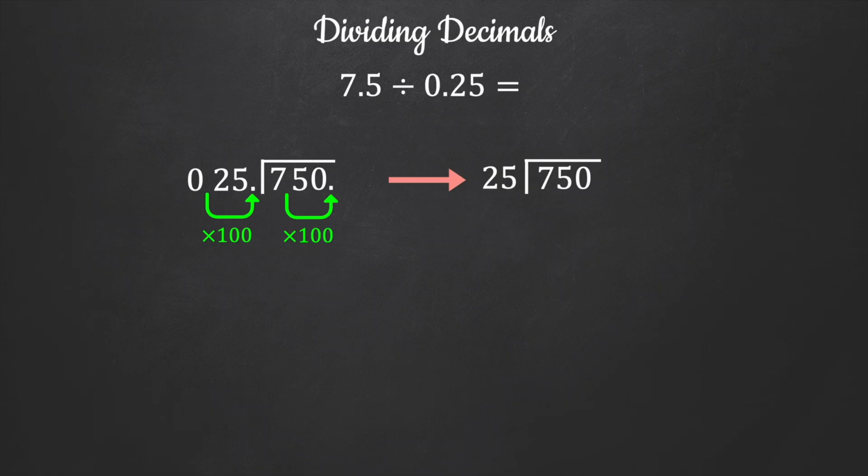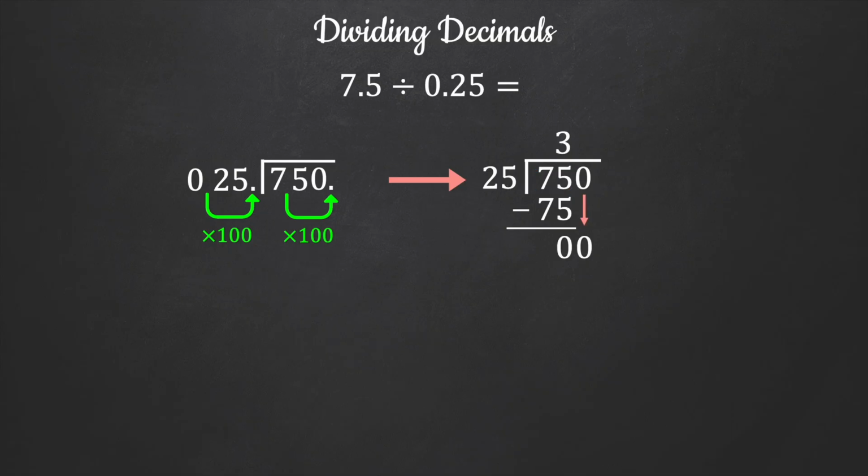Now let's take that problem and rewrite it so that it's easier for us to divide. So first, we're going to ask ourselves, how many times does 25 go into 7? And 25 cannot go into 7, so we ask ourselves, how many times could 25 go into 75? And 25 could go into 75 3 times. And that's because 25 times 3 is equal to 75. So 75 minus 75 is equal to 0.